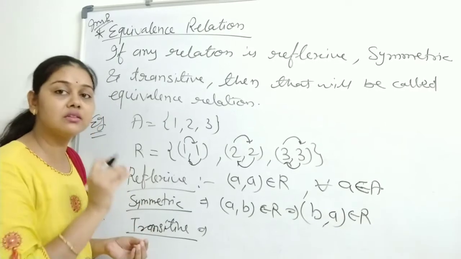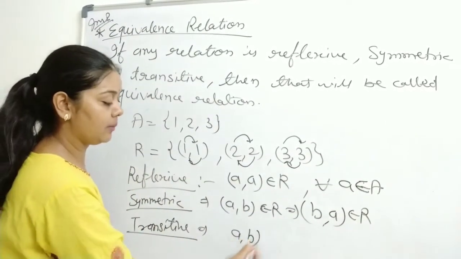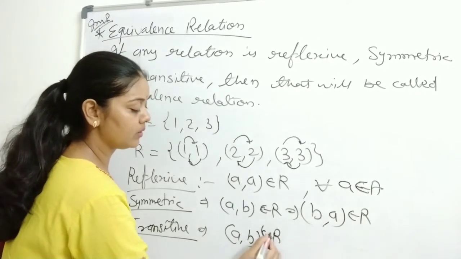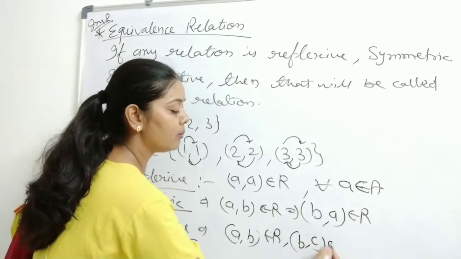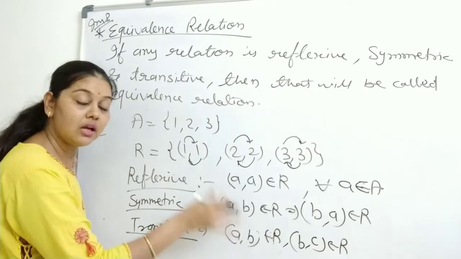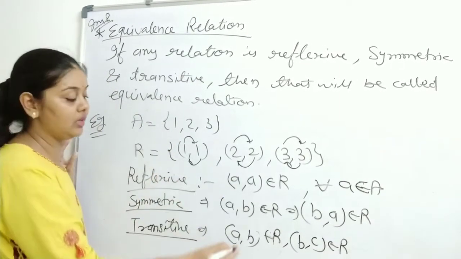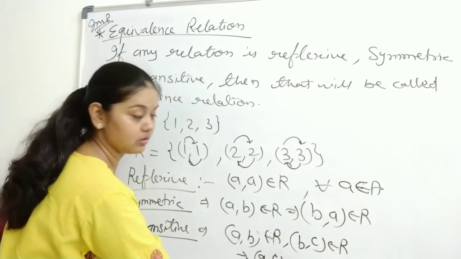If there are some elements such that (a, b) belongs to R and (b, c) belongs to R, then only we need to check that a is related with c or not.